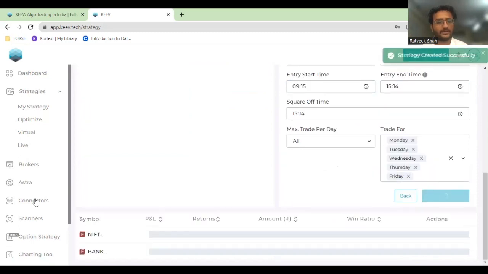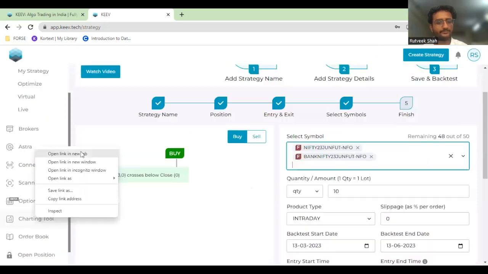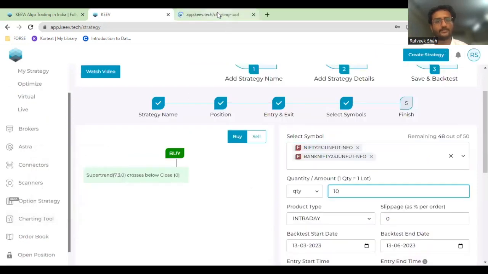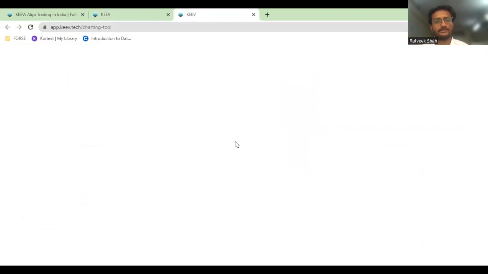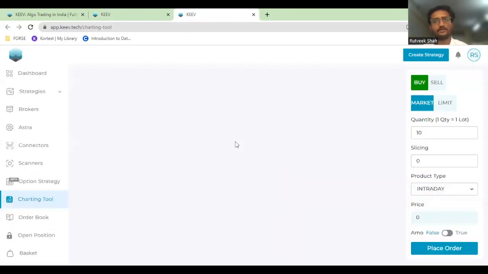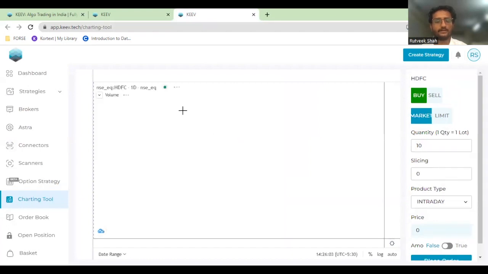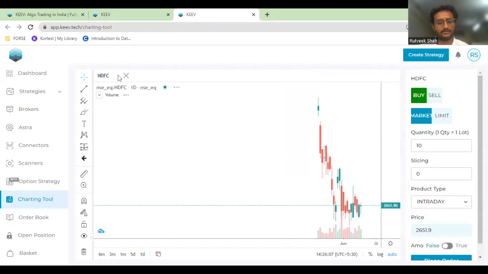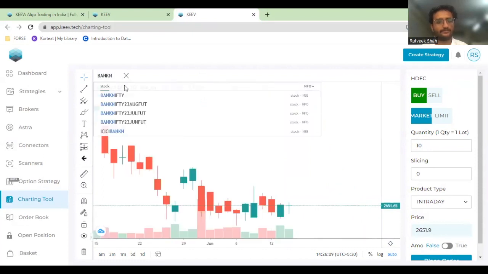So till the backtest result comes, let's take a look at the charting tool here. Here we'll see the Nifty and the Bank Nifty futures with the super trend and the 13-minute EMA that we are going to deploy here. Bank Nifty.